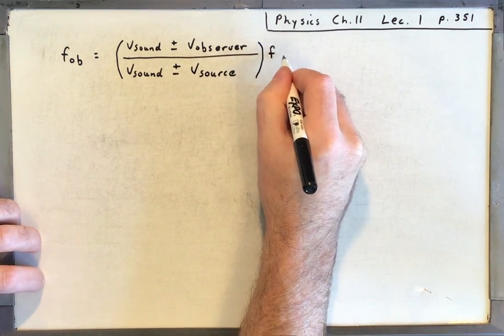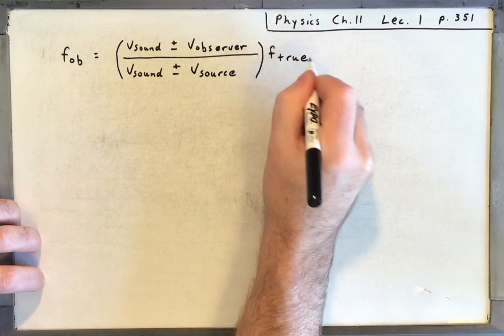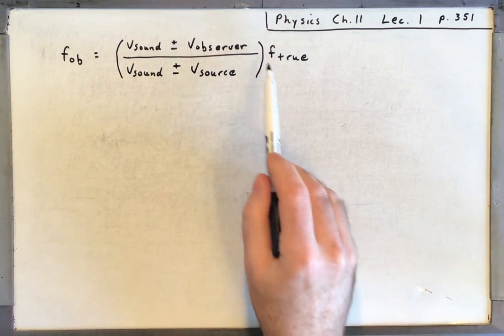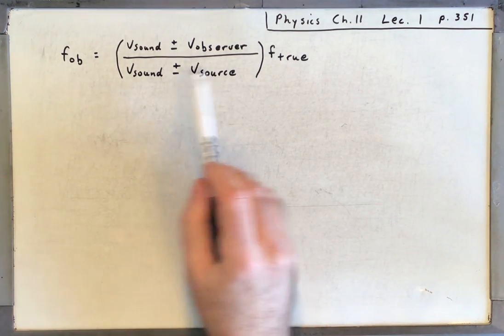The true frequency is just the frequency if there was no movement by the source or the observer.